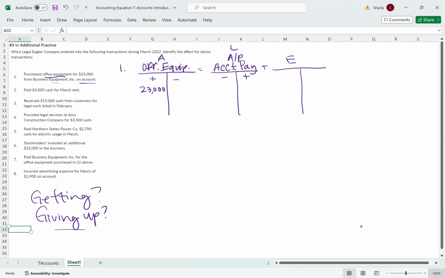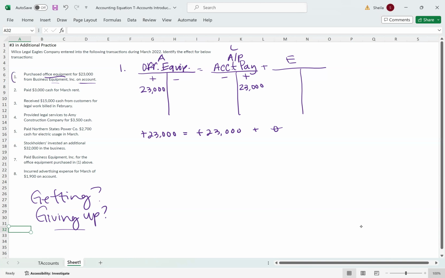And so if that's the case, I need to credit accounts payable for $23,000. And am I in balance? A plus $23,000 on this side equals a plus $23,000 on the other side. And there is no impact to equity. That's okay. I'm in balance. So that's how I encourage you to look at each one of these.